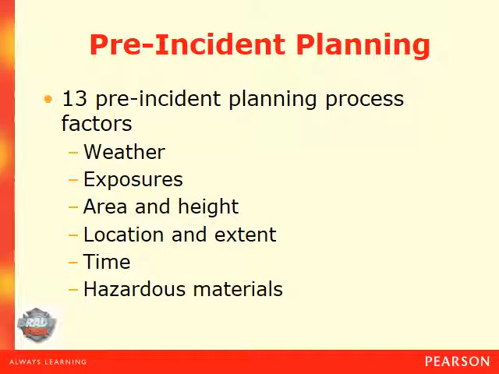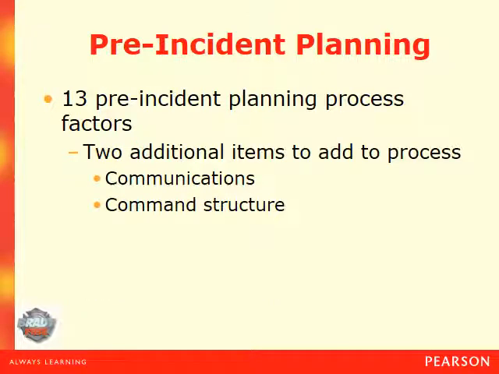Weather, exposure, area and height, location, extent, time, and hazardous material. Two additional items to consider are communication and the command structure. A useful acronym to remember the 13 factors is COAL WEALTH.